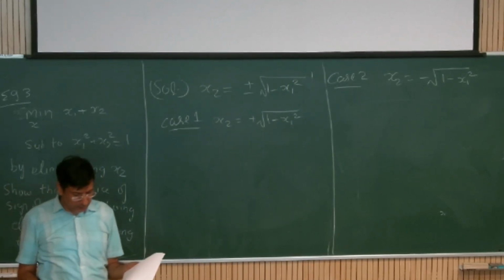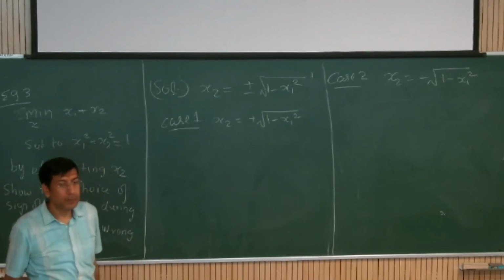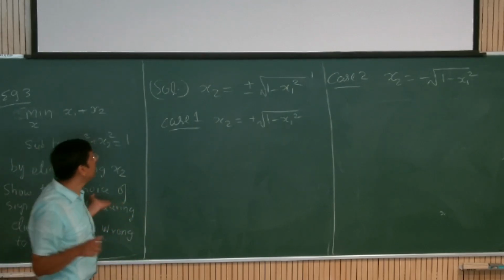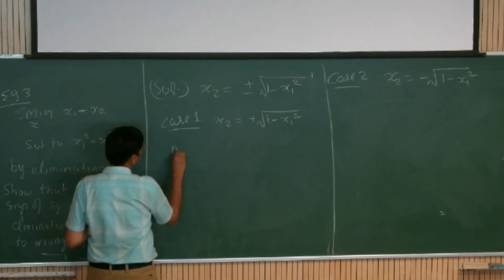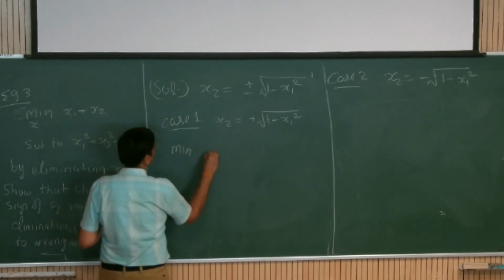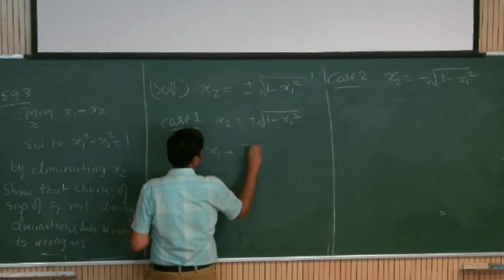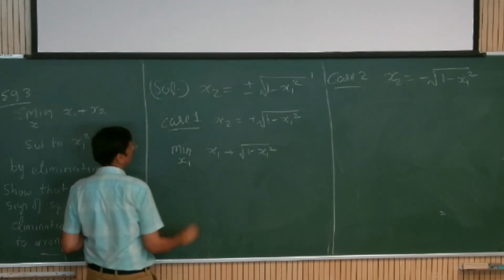Has anybody done it? What will you do once it becomes an unconstrained problem? Minimize x1 plus square root of 1 minus x1 square. So this is now your optimization problem.